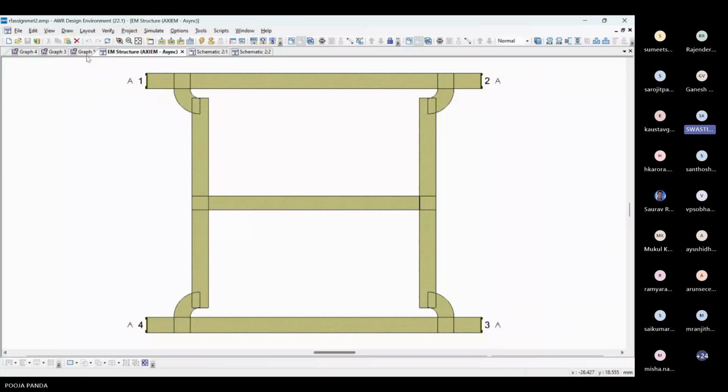Yes, one window is missing here. Pooja, please go to the view option on the top. There is a lag, I guess.